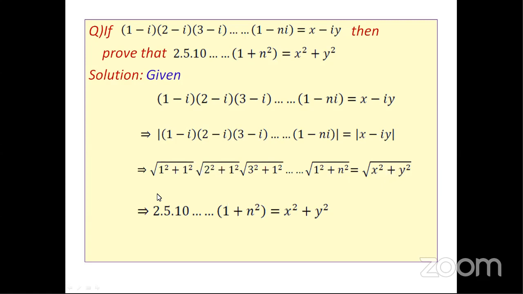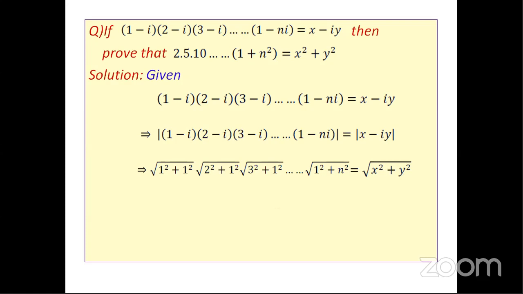Now when you take squaring on both sides, children, then you will have only 2 into 5 into 10 and so on till 1 plus n square is equal to x square plus y square. So the two problems we have discussed, this one and the previous one, involve taking modulus on both sides for the given condition. And this problem is again for 2 marks.